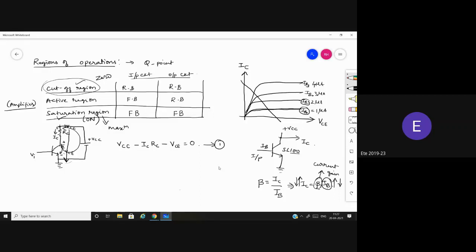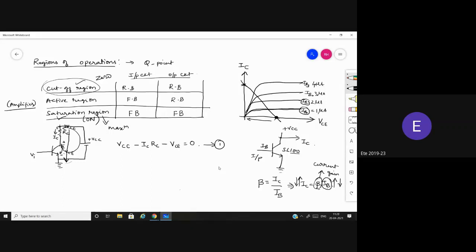To plot this DC load line, I have already plotted it, but I just wanted to tell you how we got these two points. We need to get this point as well as this point. When I need this particular point, just look at the y-axis. What will be the value of current at this particular voltage?